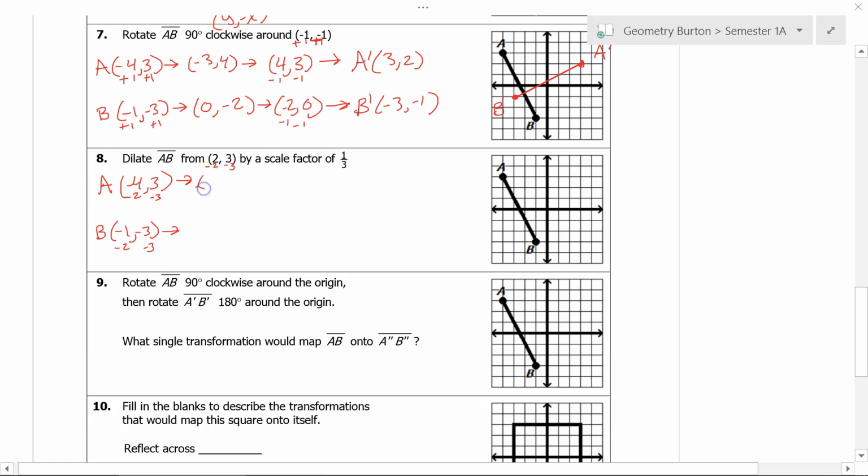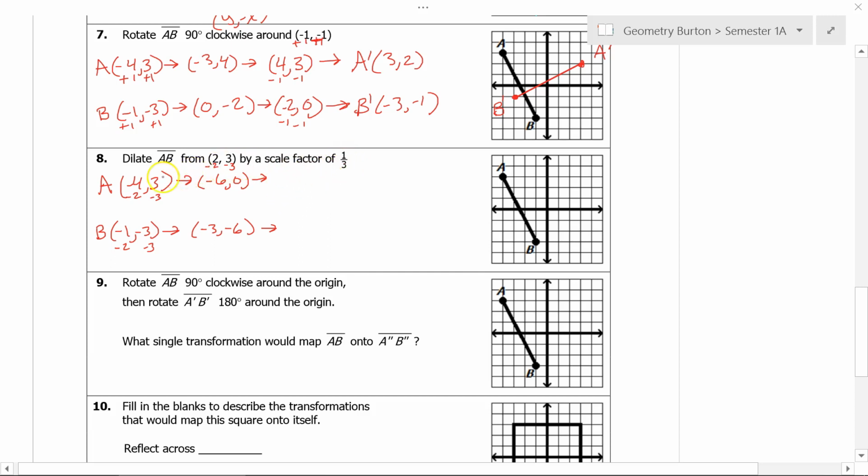So this point is going to become -6, 0, and this is going to become -3, -6. Okay, so now I have moved to the origin. Now that I'm at the origin, I can do the rule.